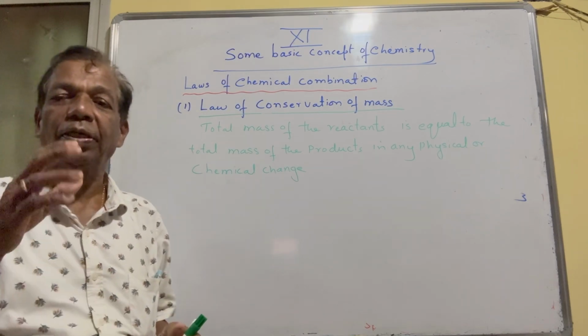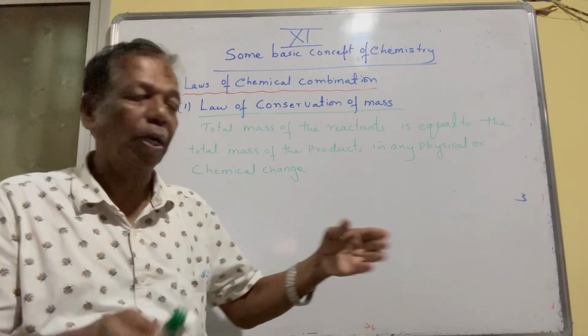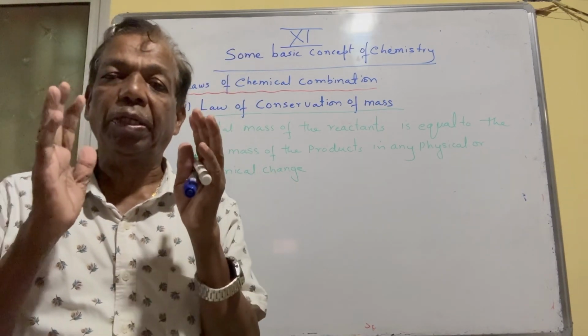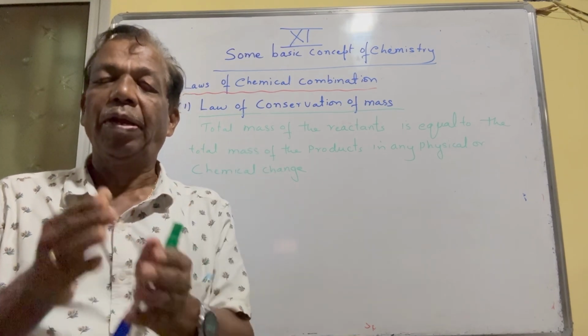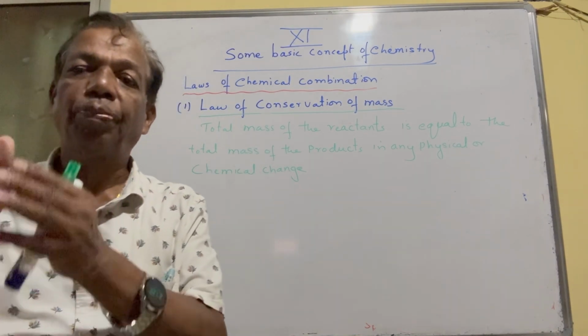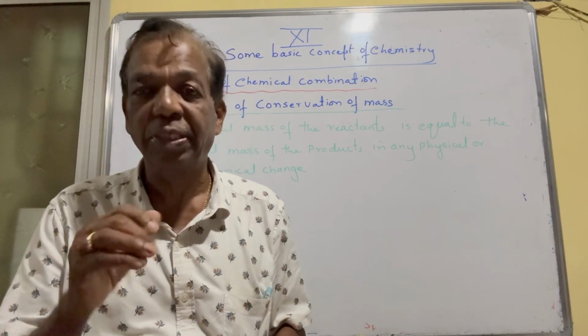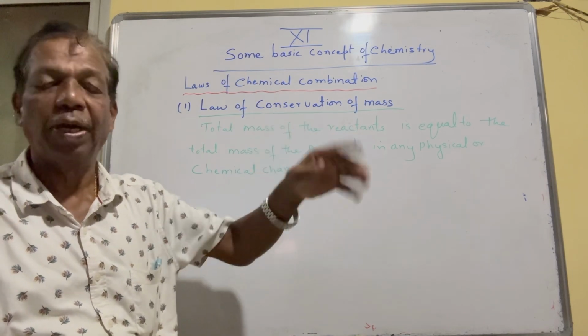When a chemical reaction takes place, you get products. If you take the mass of all the reactants and the mass of all the products, those masses should be the same. That is what we call the law of conservation of mass.